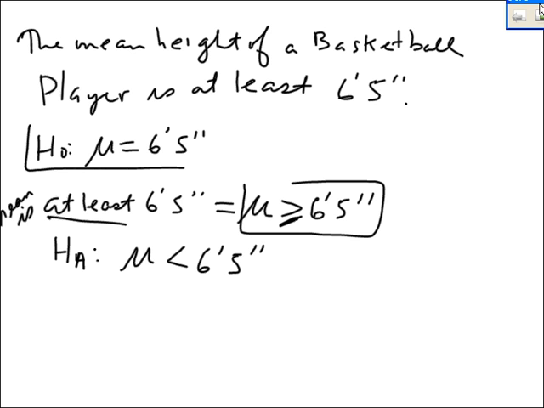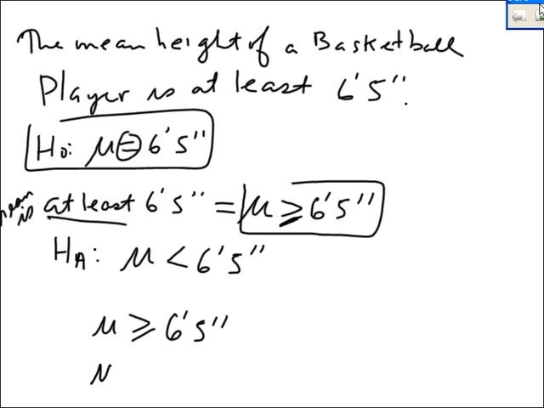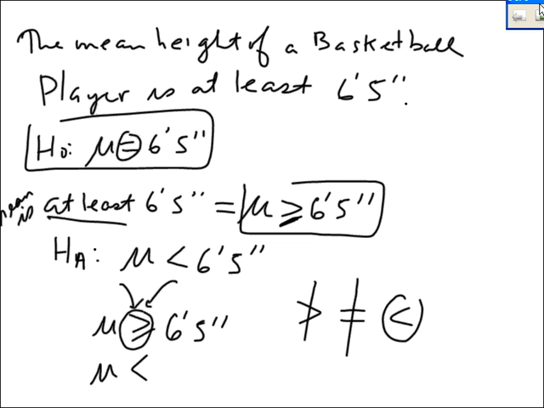The H0 is the easy one. It has equality. Now they're telling you that the mean is greater than or equal to, that means at least, 6 feet 5 inches. The other one is if you're not greater than or equal, you must be less than. There are three. Either you're greater than, you're equal, or you're less than. Well, if you're not greater than, and you're not equal, then you're less than.